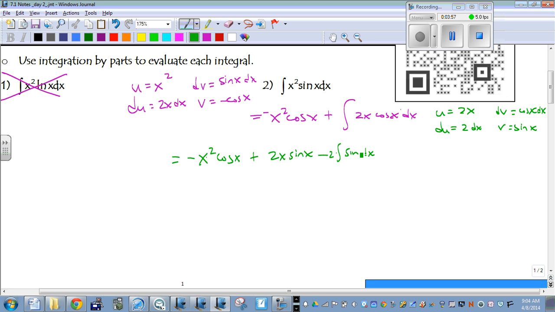Now that one we can evaluate without doing anything special or fancy. We can just evaluate the antiderivative of sine of x. So the antiderivative of sine is what? Negative cosine. So that's going to make this plus 2 times cosine of x, and we need to remember our plus c at the end.